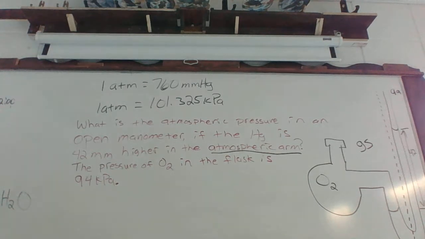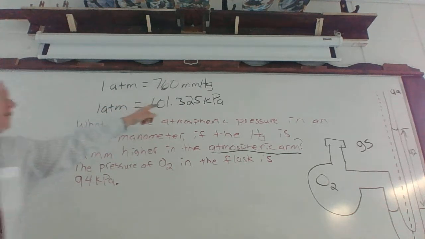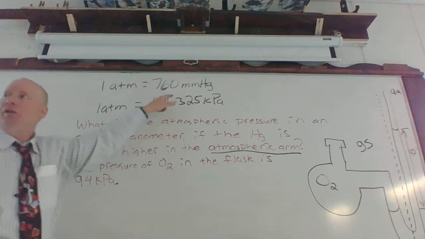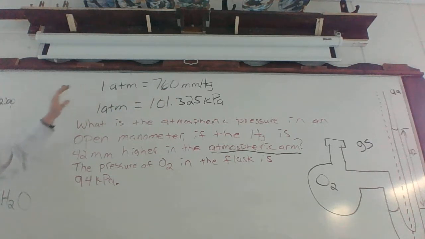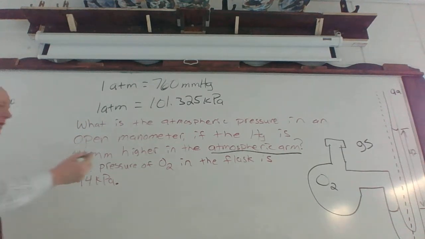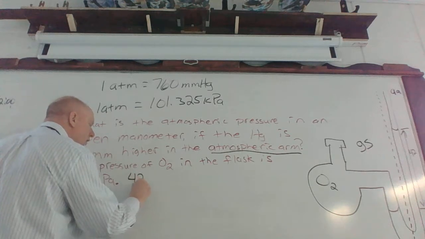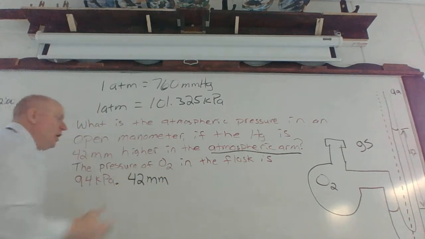We can't go straight from millimeters of mercury into kilopascals without going through this first, because this is the only one that is equal to both of them. These aren't equal to one another unless you go through the atmospheres first. So what we're going to do is take this 42 millimeters, and you don't have to put mmHg every time. We know that we're talking about mercury every time. So 42 millimeters.